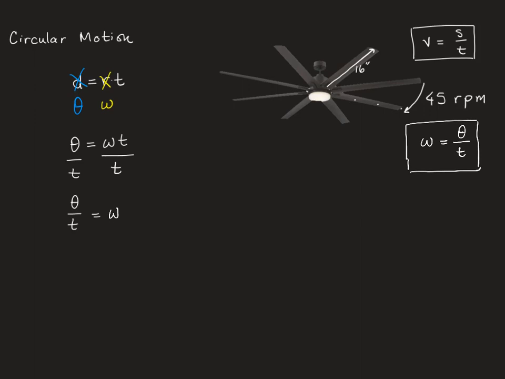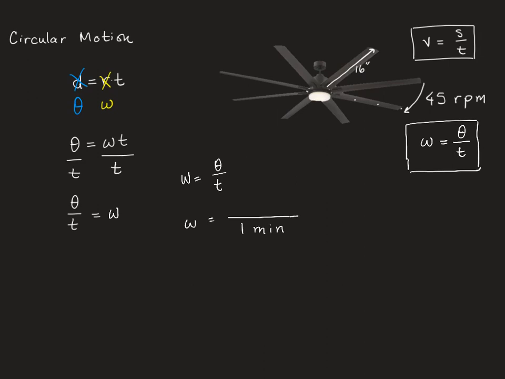I can write my formula omega equals theta over t and just replace theta and t. Again, here we have that the amount of time that passes is 1 minute. So t equals 1 minute. But what is theta? Theta is the size of the angle that we cover in a minute.